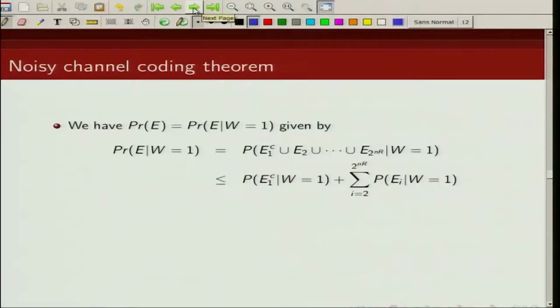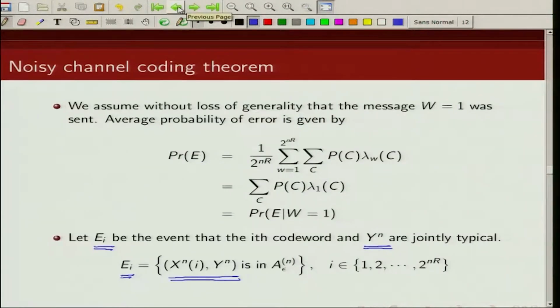Now as I said, probability of error does not depend on what index has been transmitted. So we will do an analysis assuming, let us say, index 1 was sent. So what is the probability of error when index 1 was sent? This is given by the probability of, what is E1 complement?